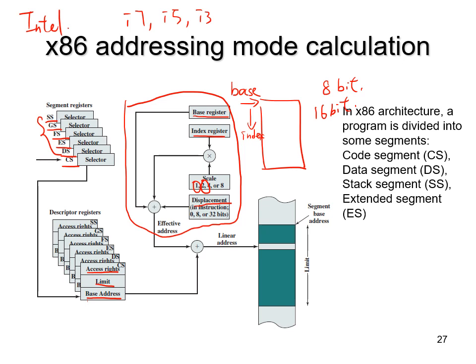Okay. And here for the displacement, you may consider that we have a jump instruction to jump into another location in the memory. Then you may use the displacement in order to calculate the effective address.